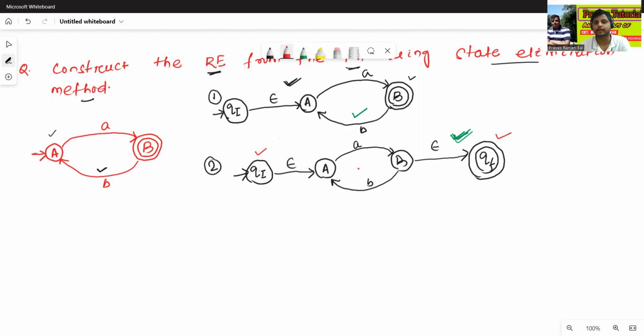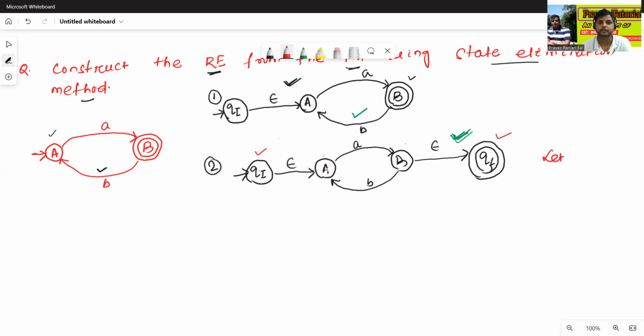So we'll eliminate A and B, but one at a time, only one state, except initial and final. First we'll eliminate either A or B, as you wish. Here I'll eliminate A.